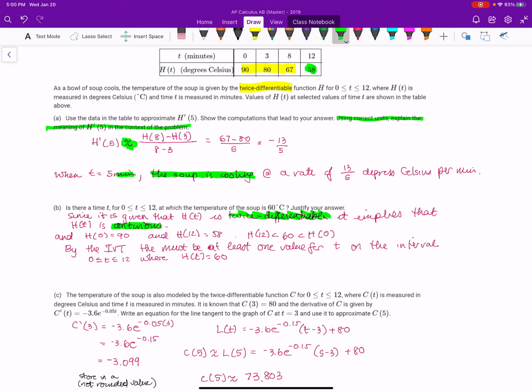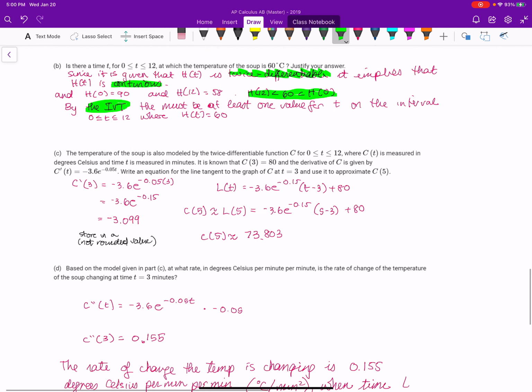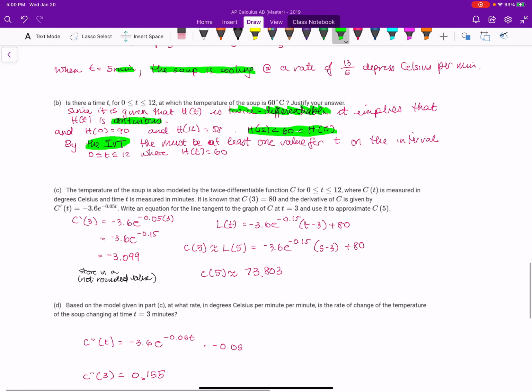So by the intermediate value theorem, there must be at least one value for t on the interval of 0 to 12 inclusive where h of t is equal to 60. But you need to have continuity, you need to have the betweenness statement explicitly listed, and then you need to state that you're using the intermediate value theorem to conclude this. But that's review from Unit 3, really.